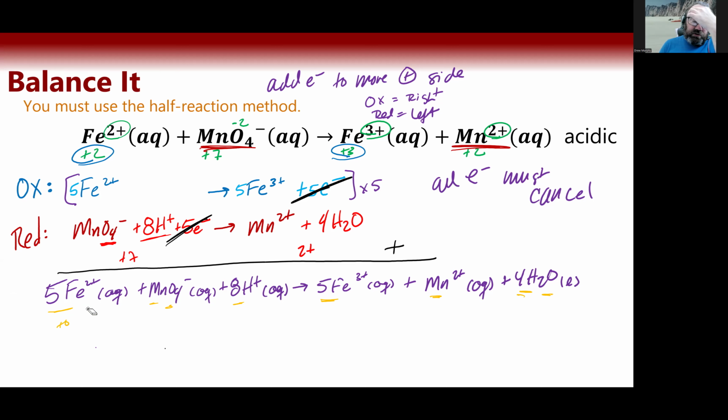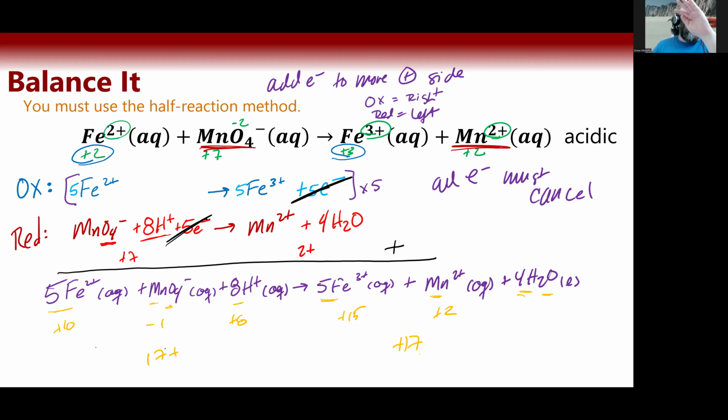If we balance charge, this is plus 10, this is plus 8, and this is minus 1. So this whole side is 17 plus. And then this side is 5 times 3 is plus 15, and then plus 2 more is plus 17. And so it's balanced. We confirmed that it's balanced. You don't always have to do that, but if you're worried about it, you might want to make sure that you confirm that it's balanced.